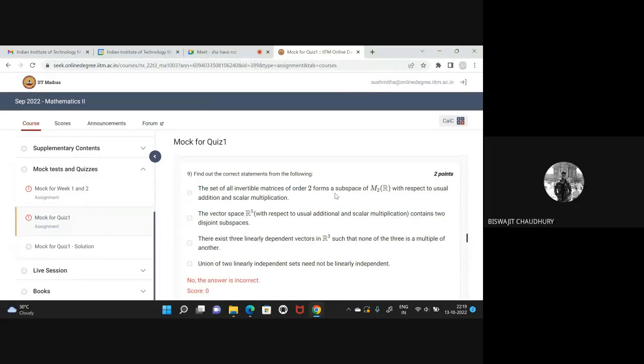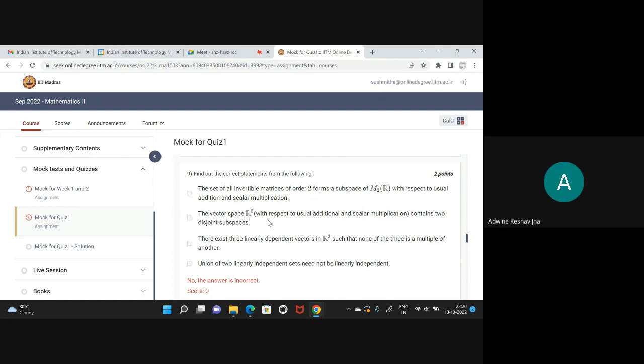Ma'am, actually it's enough to check the first condition. The zero vector doesn't exist here. Yes, the 0 vector itself does not belong to this set, right? The determinant of the 0 matrix is 0, so it's not invertible, that's why.